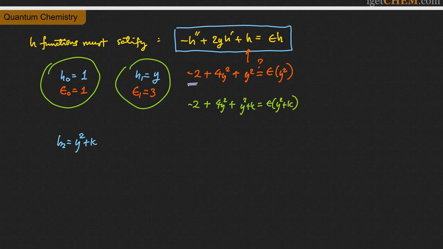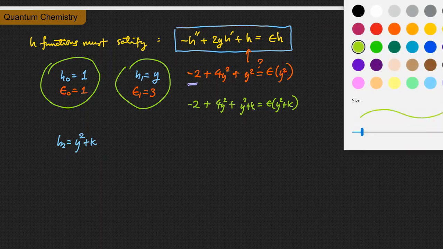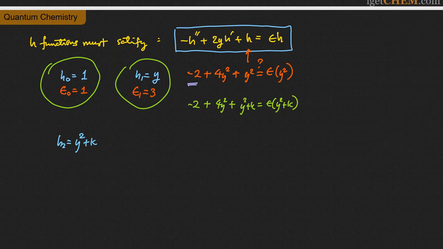We in fact see that the first one would have worked with an epsilon equals 5. The reason is very simple because you get a 4 there, a 1 there, and so the 5 multiplied by y squared would in fact be equal to the number of y squares on the left side.